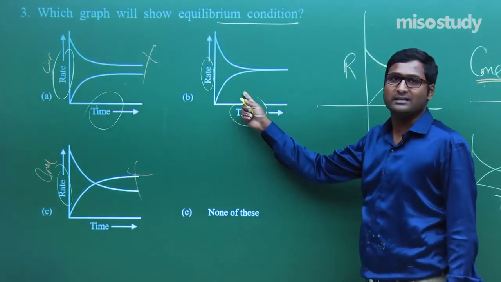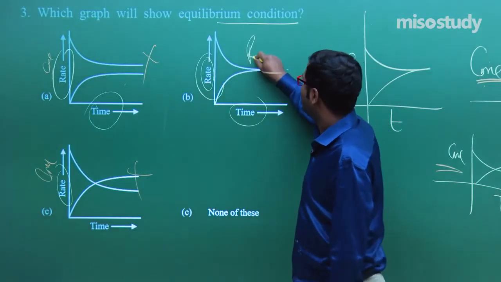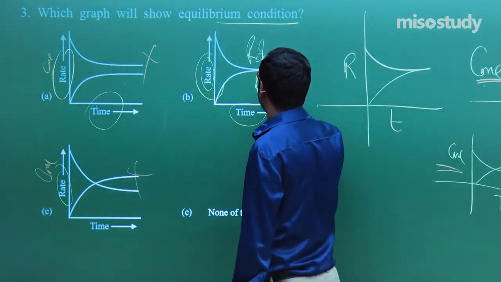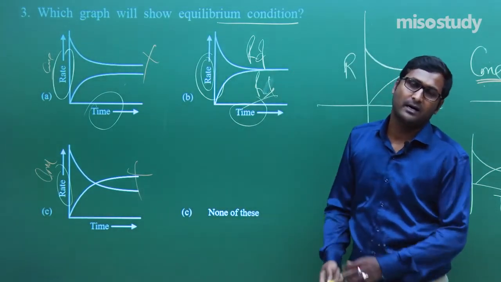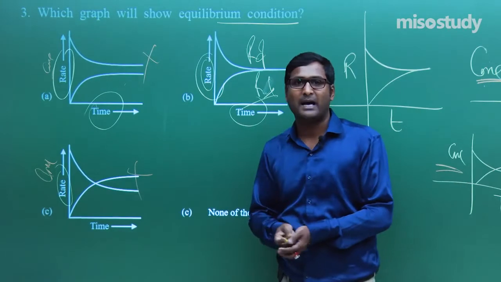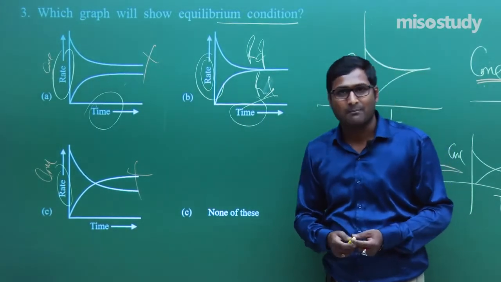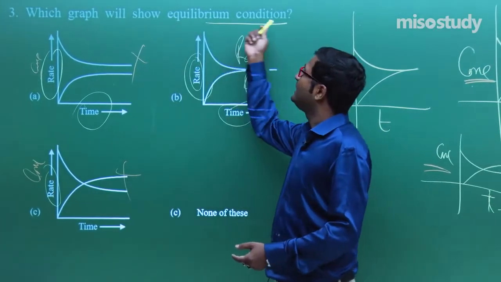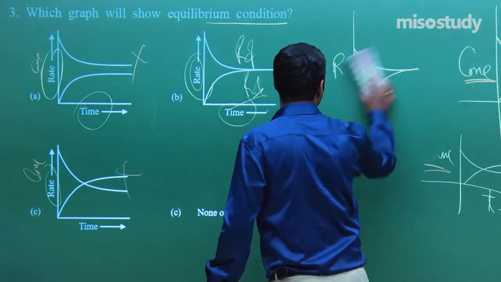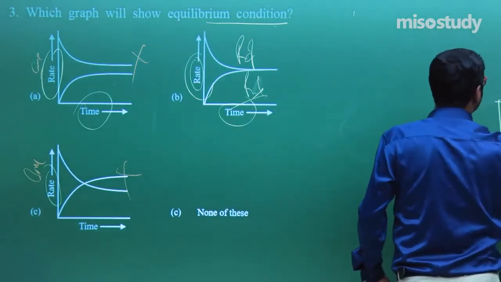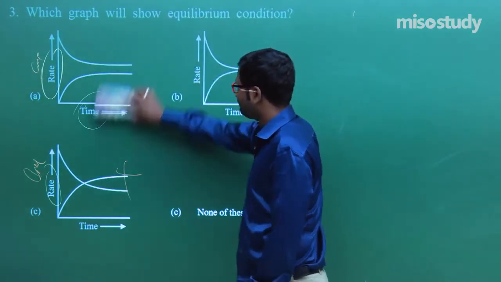This one, because the graph touches, that is, in this case, the rate of forward reaction is equal to the rate of backward reaction. If they are equal, then we can say this is an example of equilibrium. Clear? So I'm going to wrap this part, friend, and we'll discuss the next question. Check these things very carefully, what I'm telling.